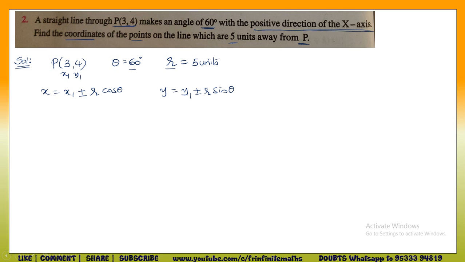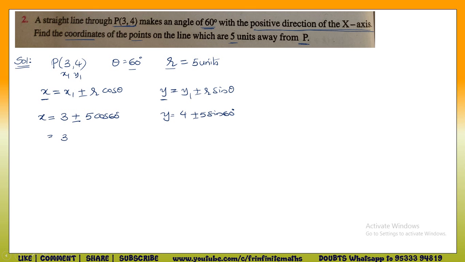By substituting, the values of x and y are nothing but the coordinates I am in need of, right? So directly substituting the values, x is equal to x1, that is 3, plus or minus r value 5 into cos 60 degrees. In the same way, y is equal to y1, that is 4, plus or minus 5 into sin 60 degrees.